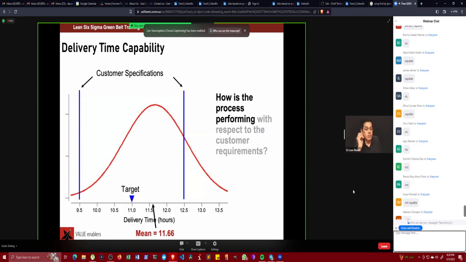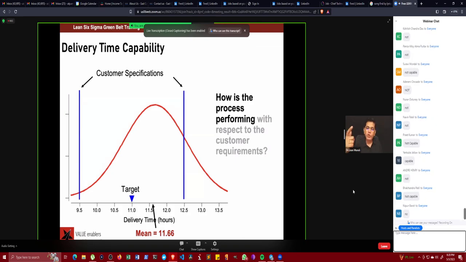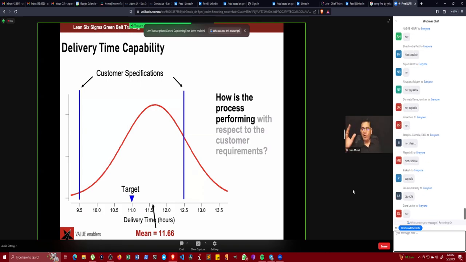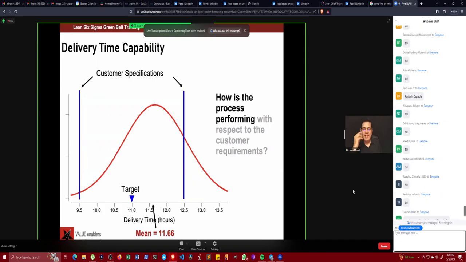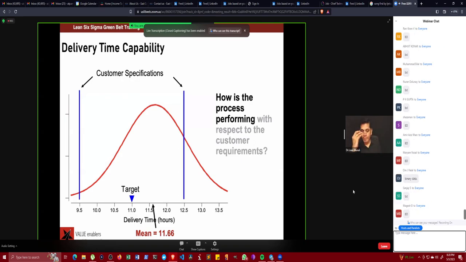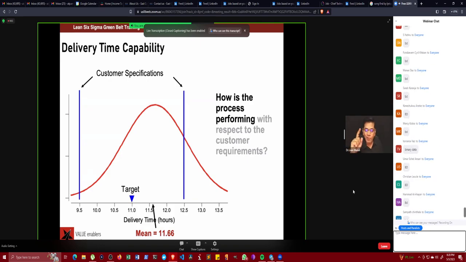The answer you gave is called binary data. All of you type BD in the chat box. You either judged it capable or not capable, and somebody put partially capable. That is called ordinal data. All of you type OD in the chat box.